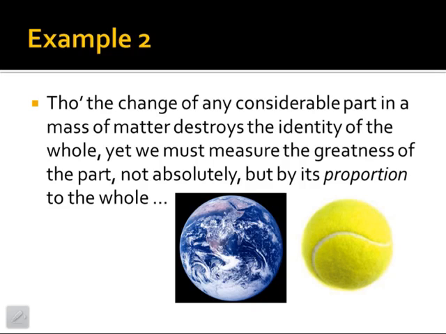If we added a mountain to the Earth, we would still be inclined to think that it was the same thing. And the reason for that is because of the proportion. The mountain is very insignificant compared to the size of the Earth. So we add that mountain on, we still think it's the same object, not a diverse object.